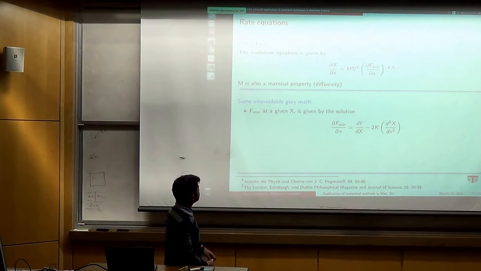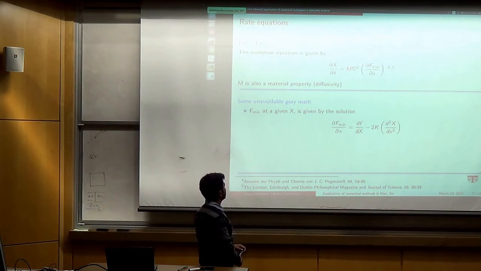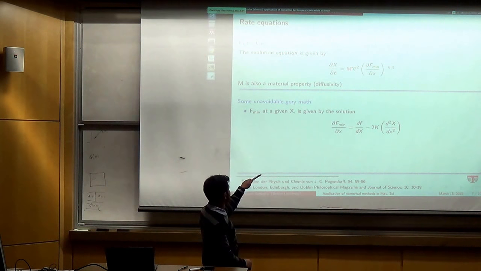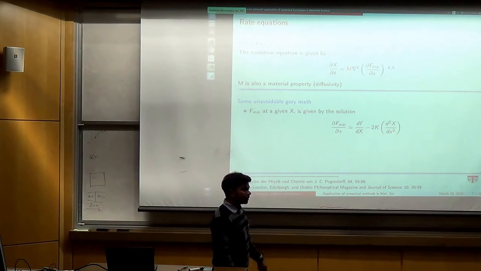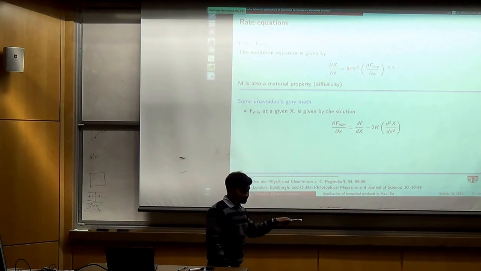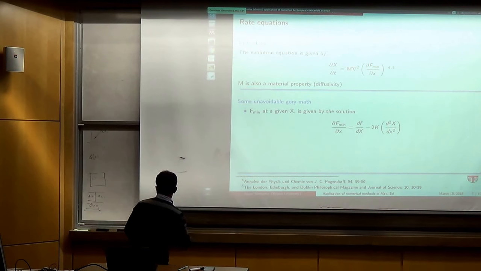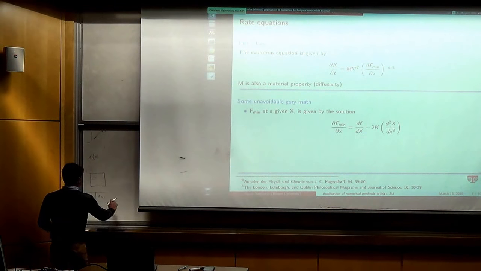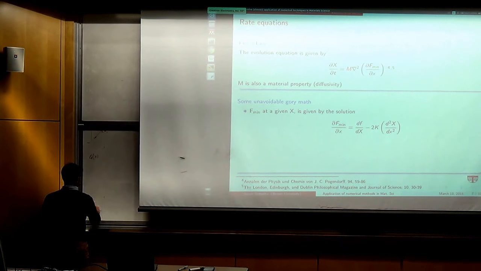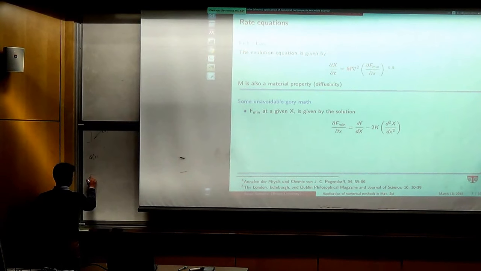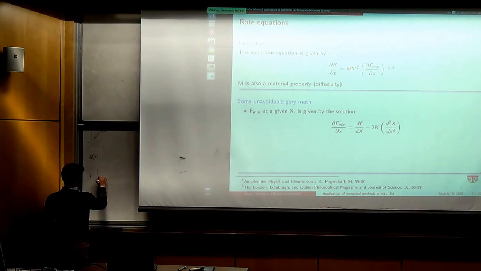But for now, let's be happy with the fact that del f min del x is that particular function, where f is the free energy function that I previously drew.